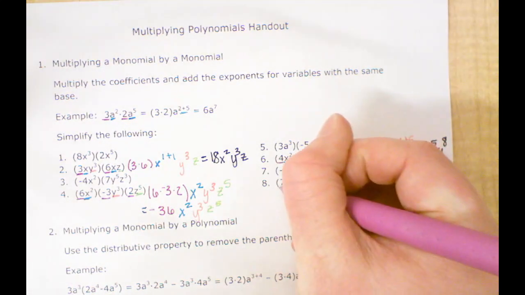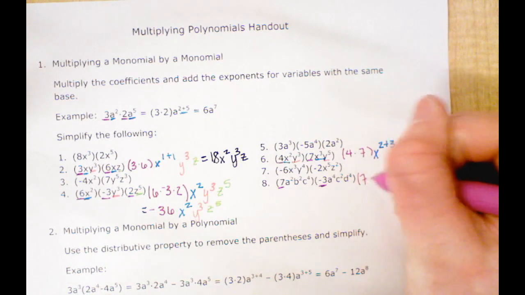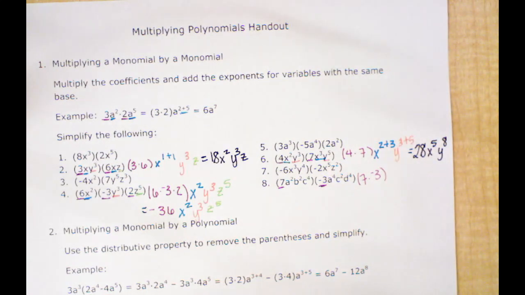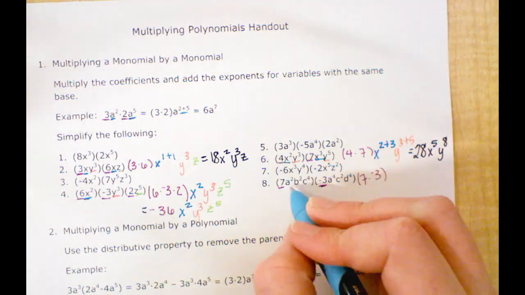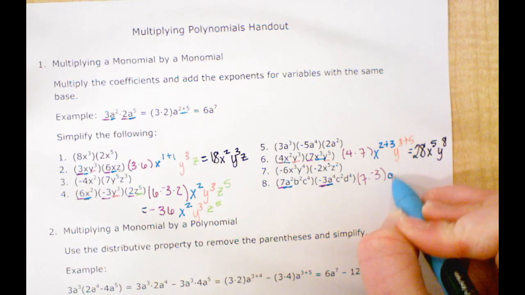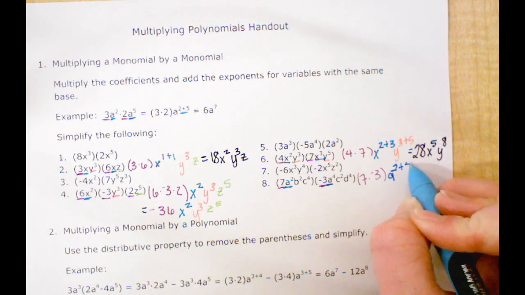So we have 7 times negative 3. Then we have a squared times a to the 4th. So we have a 2 plus 4.